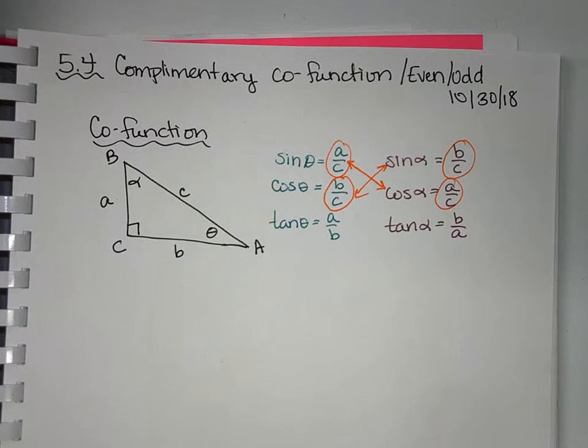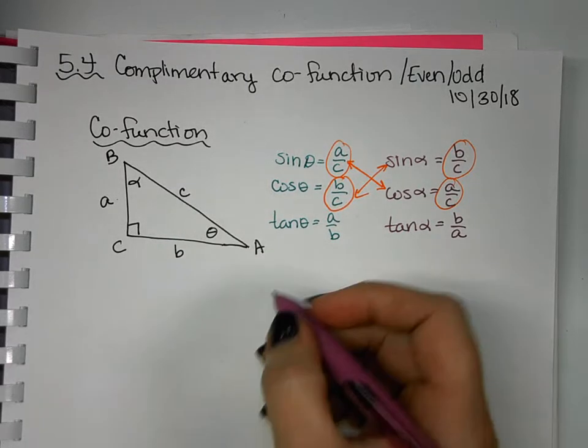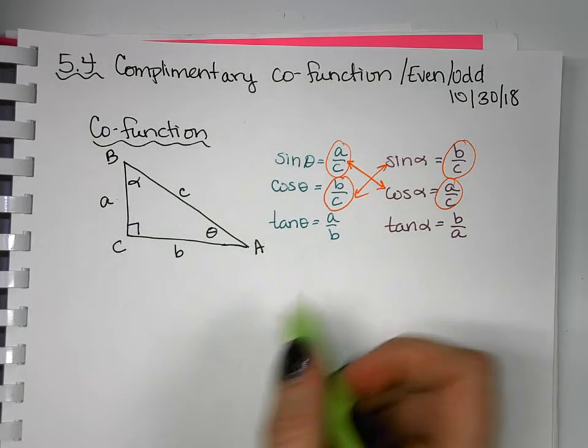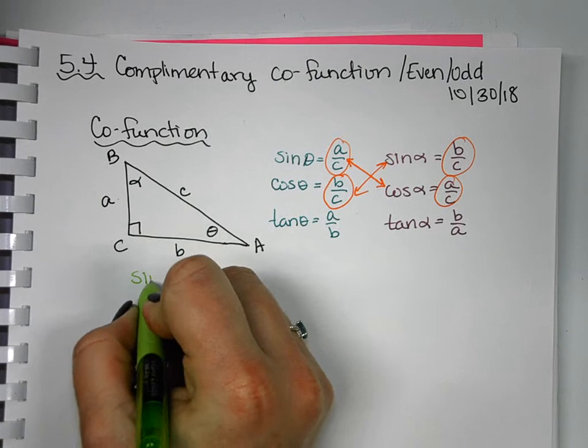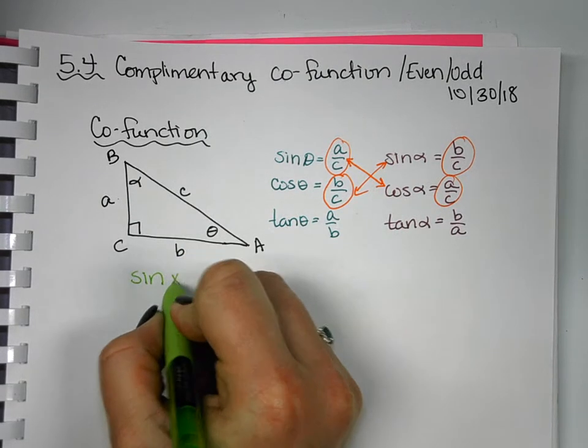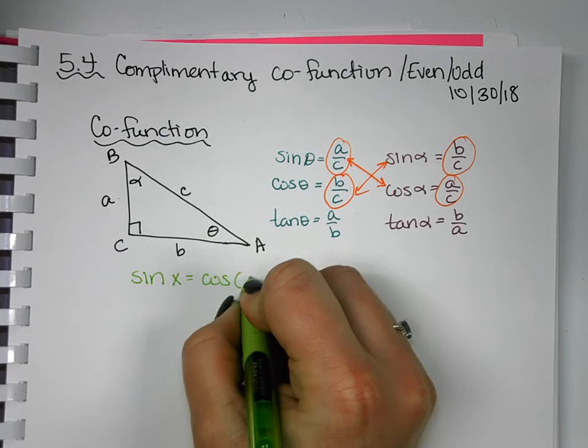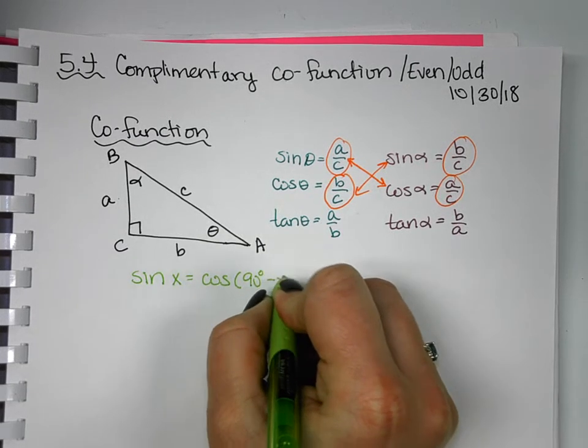And so that's what we're going to be looking at today, properties dealing with cofunctions. Functions that have similar ratios depending on the angle itself. So, for example, our cofunction identity for sine would be, if I were to take sine of an angle x, it's going to be the same as cosine of 90 degrees minus x.